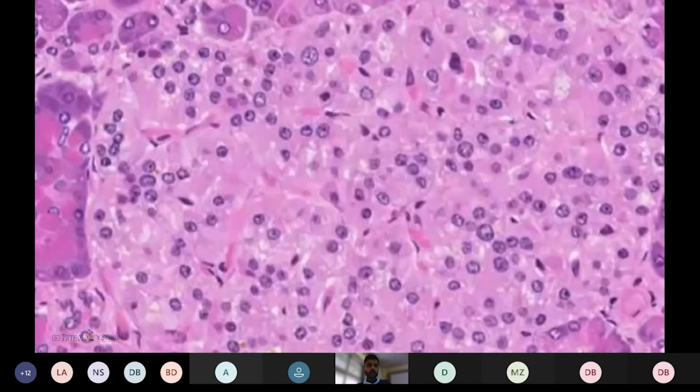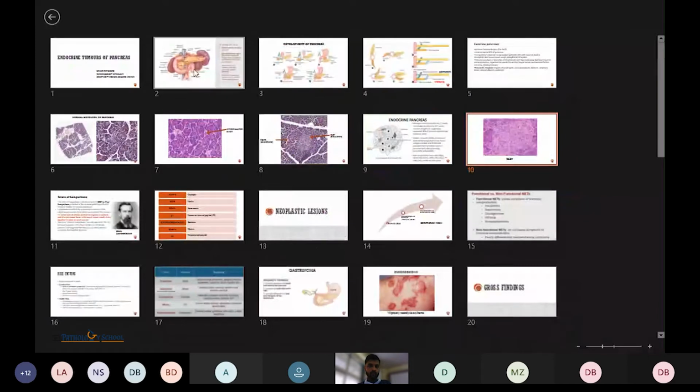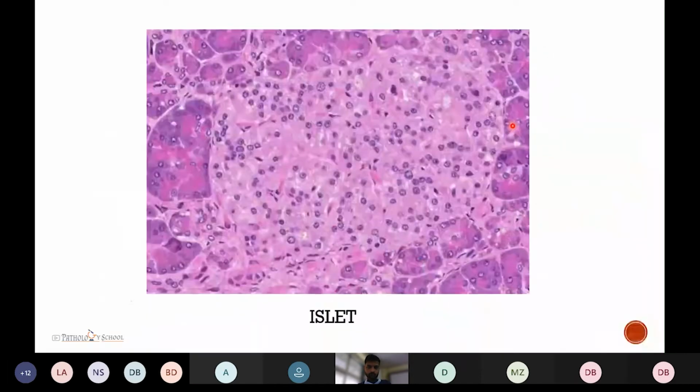The nucleoli is not that prominent. And you can see that the cytoplasm is pale to eosinophilic, unlike the exocrine acinar cells, which have intensely eosinophilic cytoplasm due to the zymogen granules. And yes, so this is the islet.